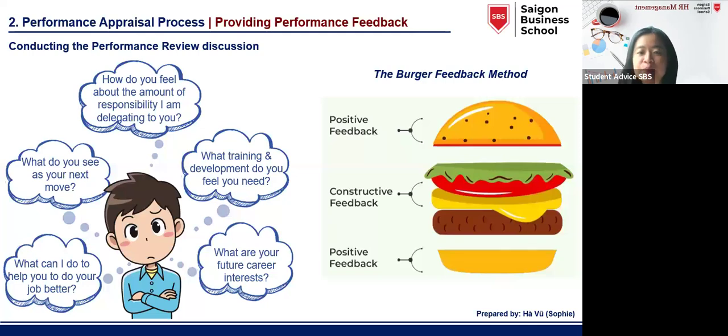There is a method called the Burger feedback method. It is an effective approach for providing constructive feedback, particularly when dealing with sensitive subordinates. This method assists the manager in preventing defensiveness from the employees by structuring the feedback in a way that encourages openness and positivity.